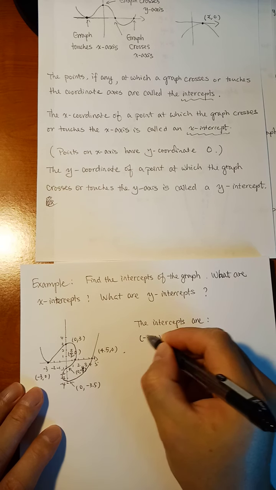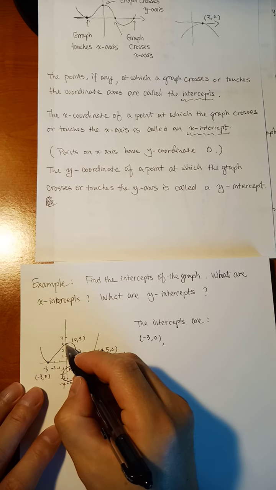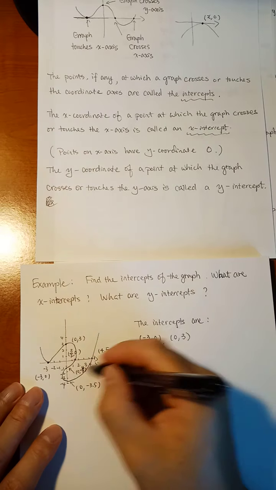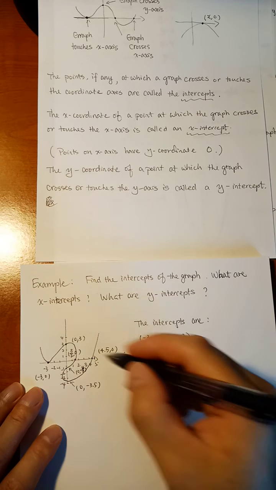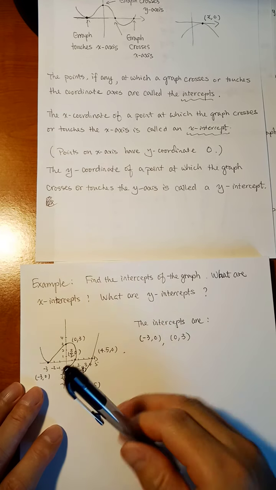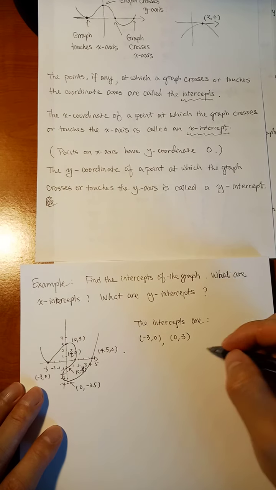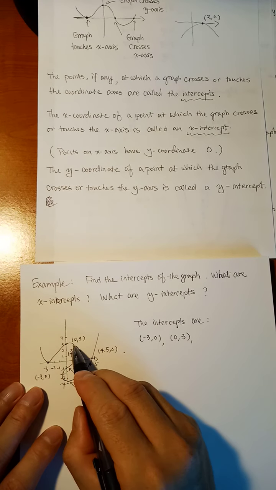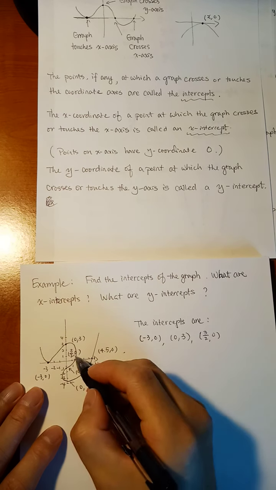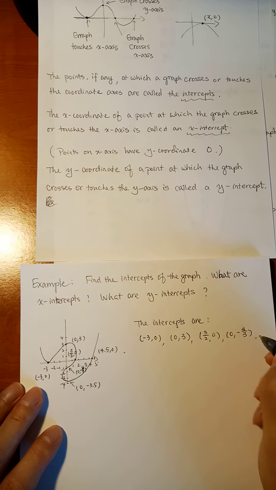For the intercept you need to record the x, y coordinates. Then you move to this point, the corresponding coordinate is 0, 3. It's on the y-axis. X coordinate is always 0. Y-axis, y is important. X-axis, x is important, right? So on the y-axis, x is 0. On the x-axis, y is 0. And then you continue here. It's 3 halves, comma 0. And this point is 0, negative 4 over 3.